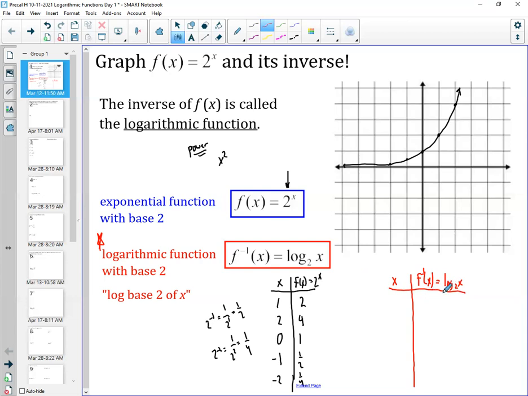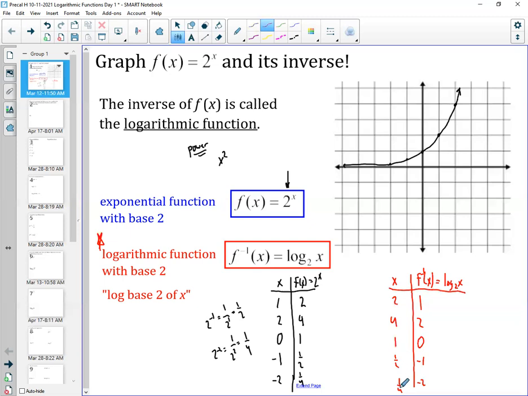Well, it's a function and it's the inverse of the exponent. So what that means is you're going to switch the x's and the y's if you want to graph it. So where this one had the point (1, 2) on it, this one's going to have the point (2, 1) on it. And then (4, 2), and (1, 0), and (1/2, -1), and (1/4, -2).